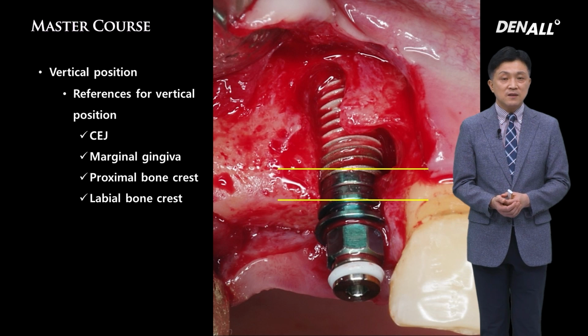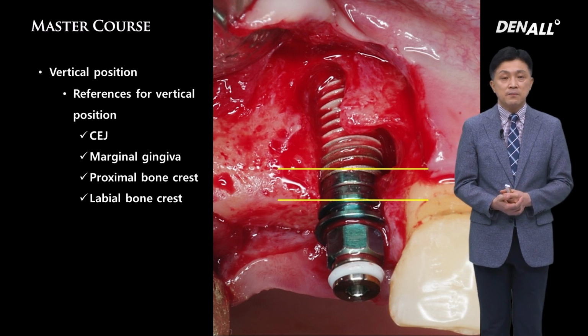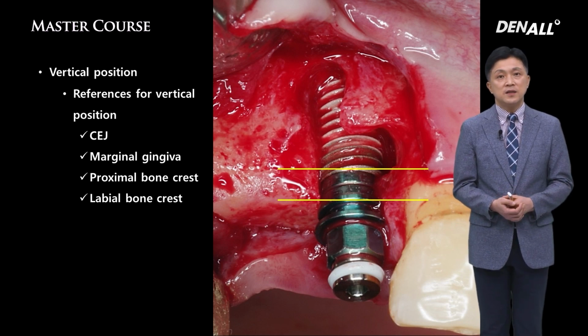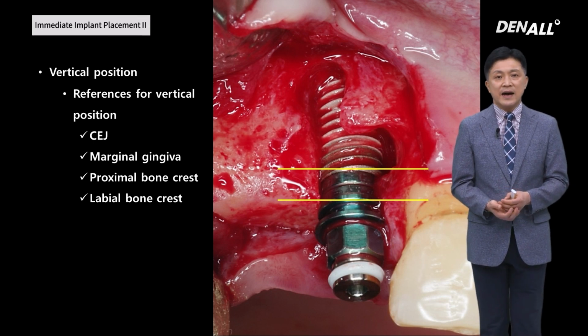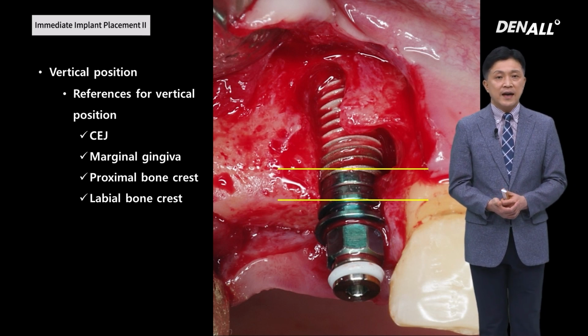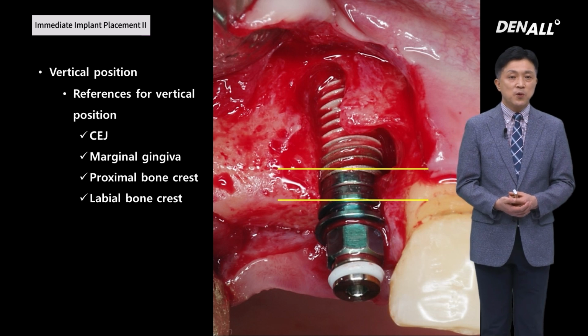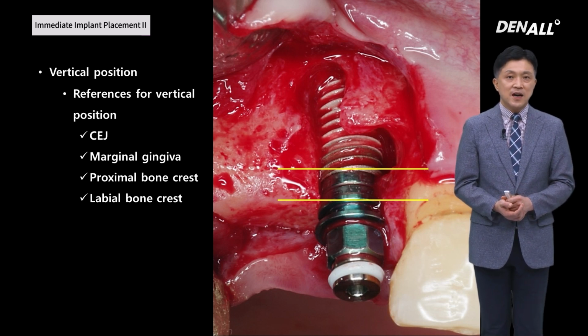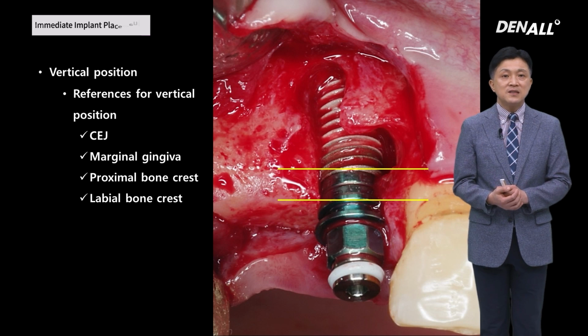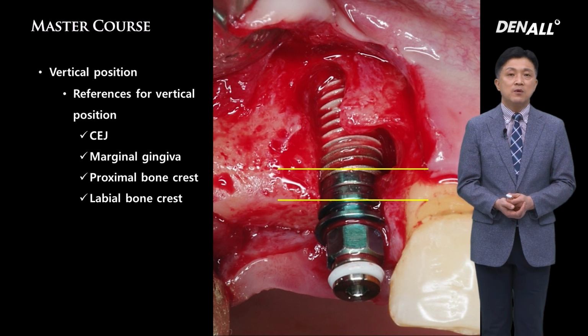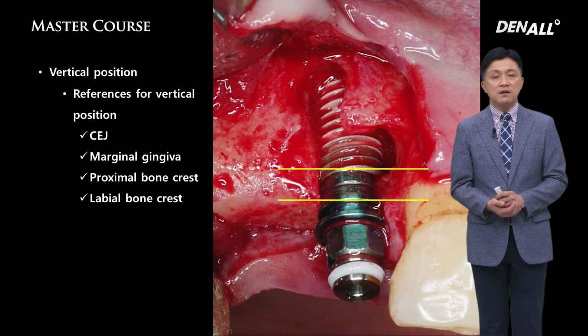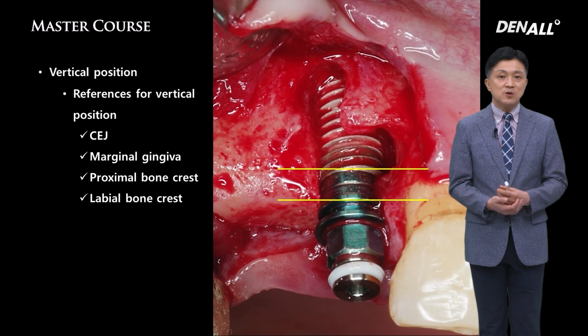In the case of the labial bone crest, if there is damage to the labial plate, you cannot use it as a reference. In most cases, the reference which we can use most stably is the proximal bone crest. You need to determine the implant's vertical position using the proximal bone crest. That is the safest way to do it.